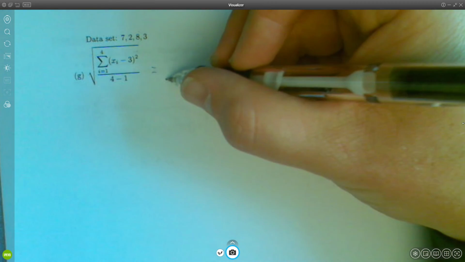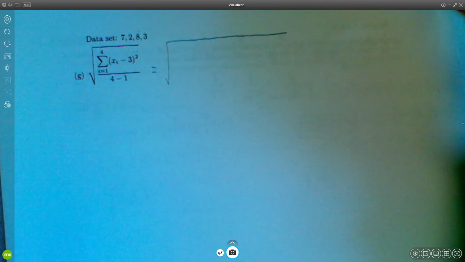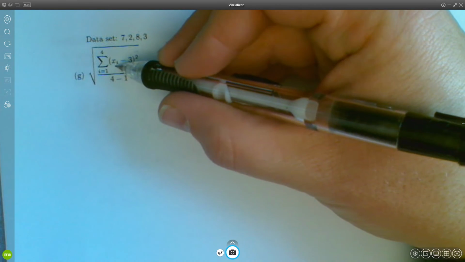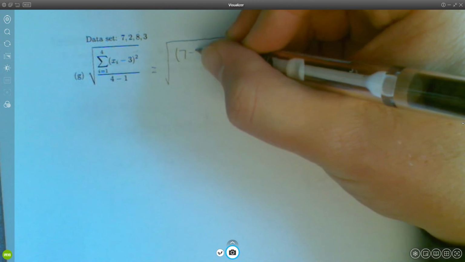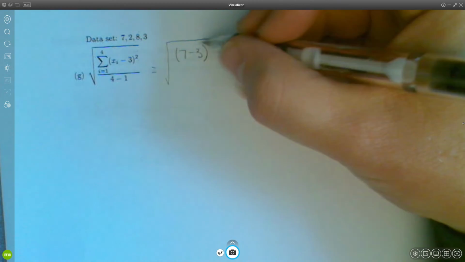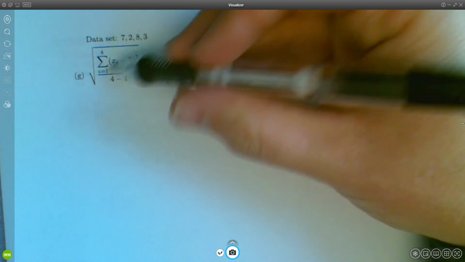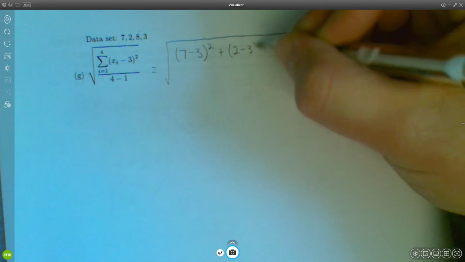Okay, so I'm going to have this large square root. I want to do x1 minus 3. Well, x1 is 7. So this is 7 minus 3 squared plus. Then I want to do x2 minus 3. x2 is 2, so this is going to be 2 minus 3 squared.